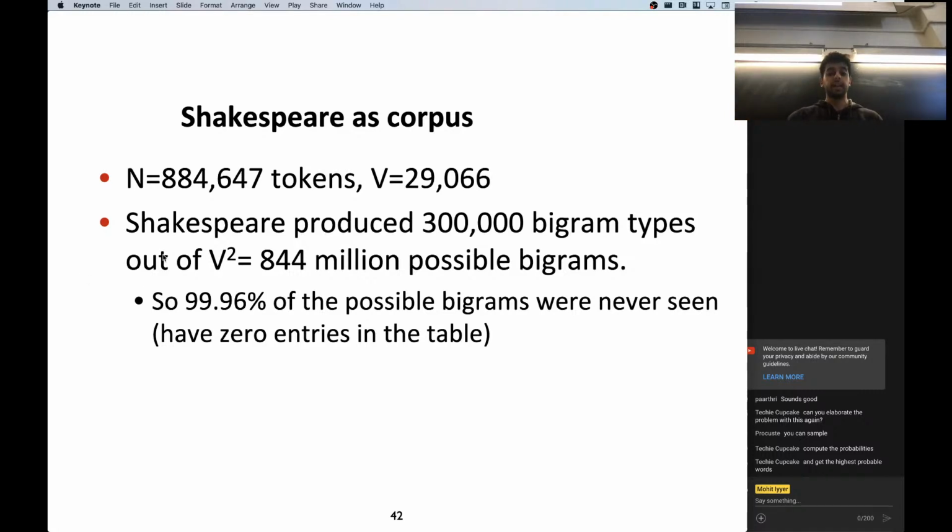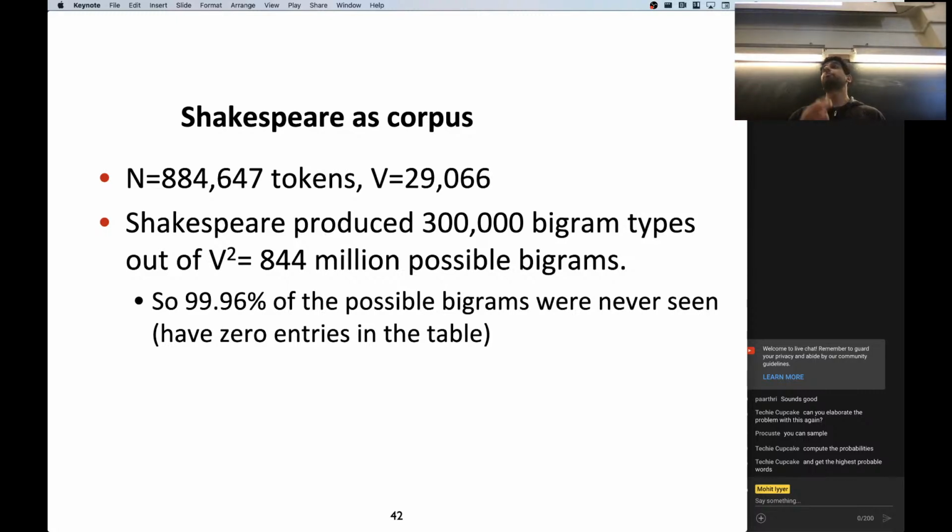So even in Shakespeare, he wrote 884,000 words total in his plays, and his vocabulary was about 30,000 words. He produced 300,000 unique bigrams. Bigram types means unique bigrams. But he could have produced 844 million possible bigrams.